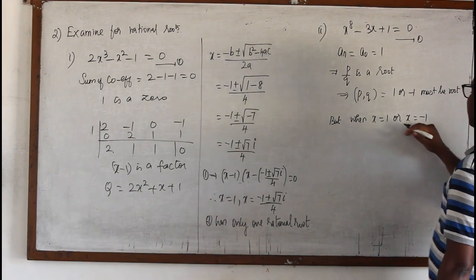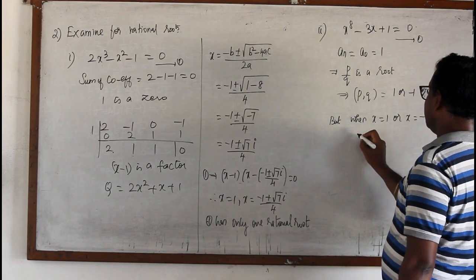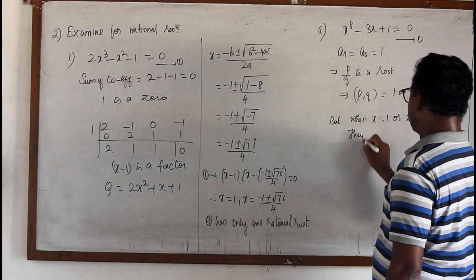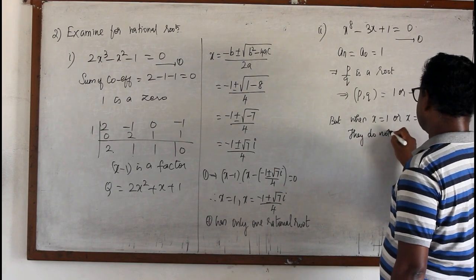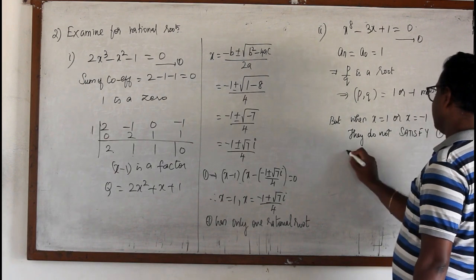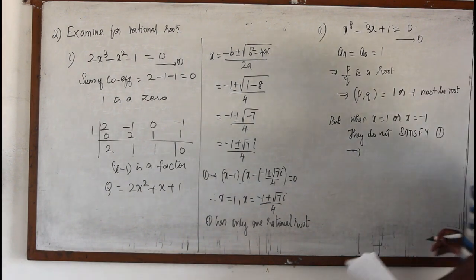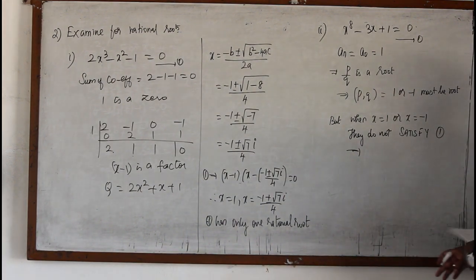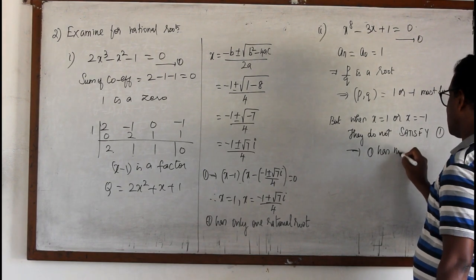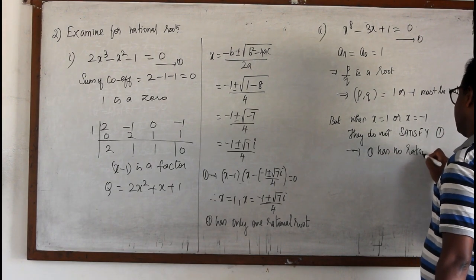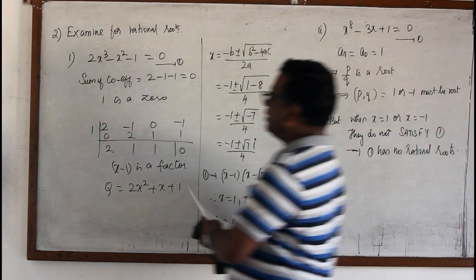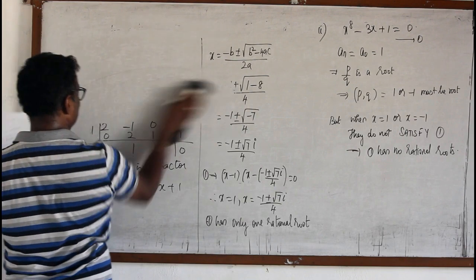So x equal to 1 or x equal to minus 1 does not satisfy it. Therefore, it is failing for 1 and minus 1 itself, so definitely it will fail for all the remaining values. It has no rational roots. It may have only imaginary roots.